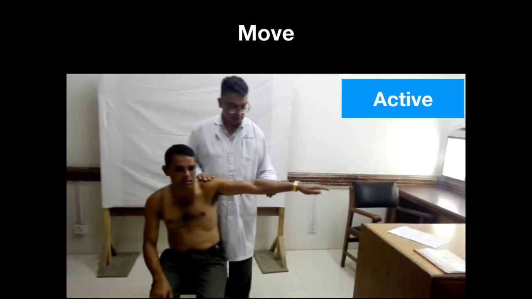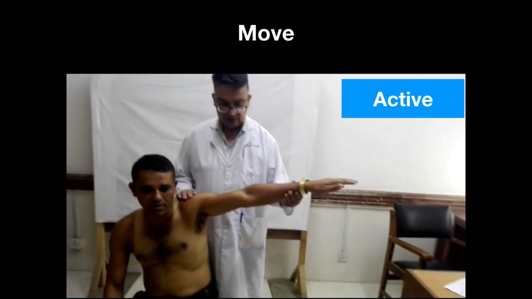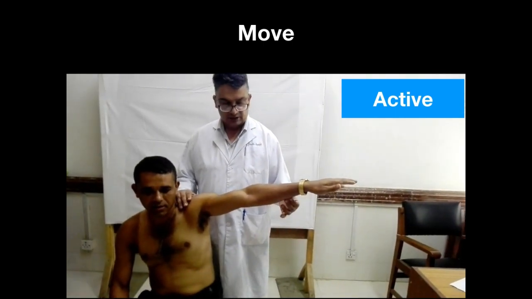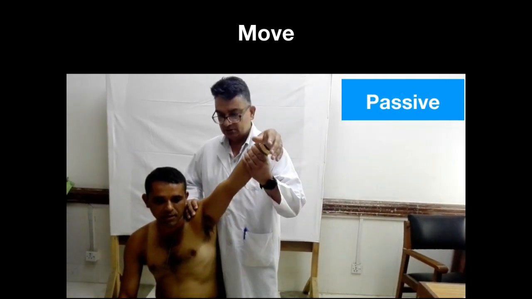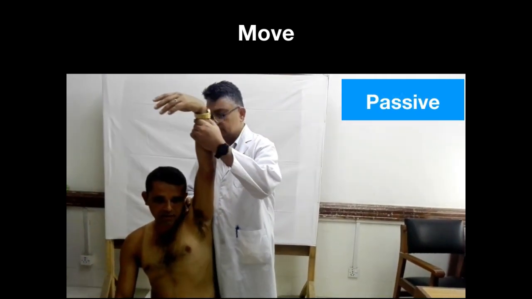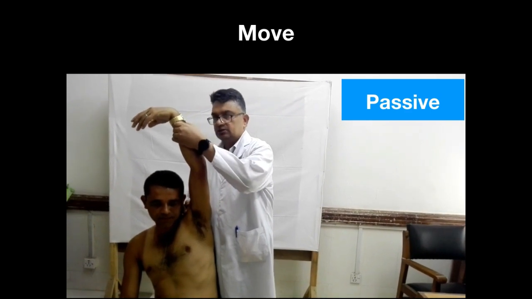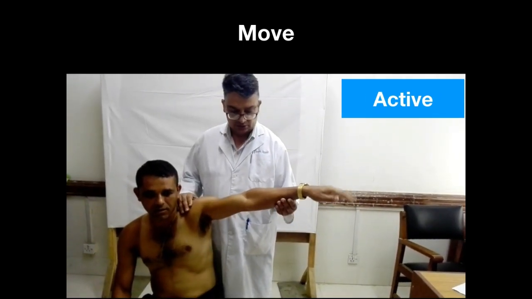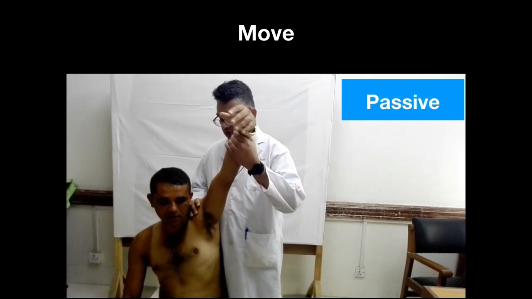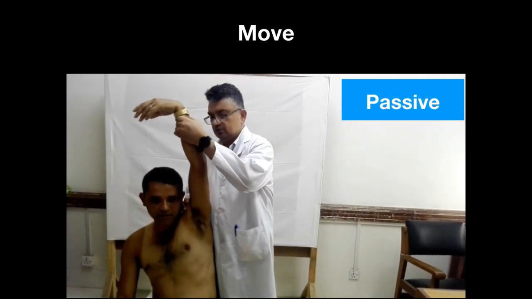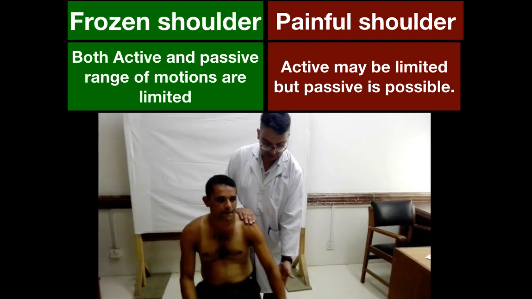Then we start with the move, and in move we have to start with the active movement. In this case the patient has active range of motion up to 90 degrees only, and then further passive movement is possible in this patient. So in case of shoulder pain, examination of both active as well as passive range of motion is very important.